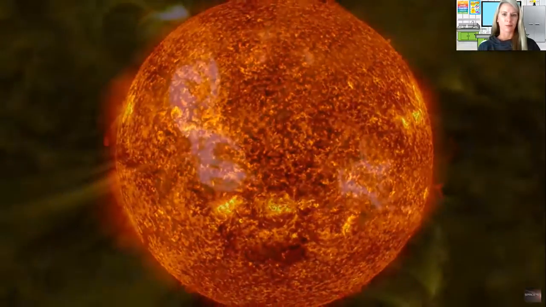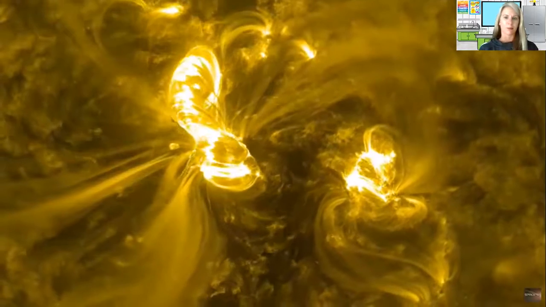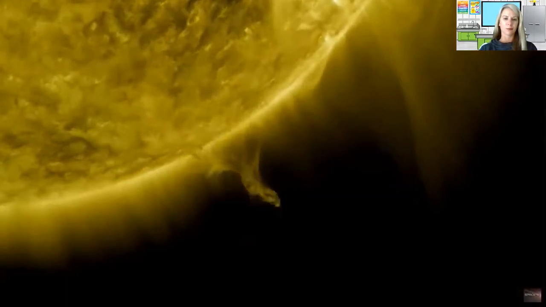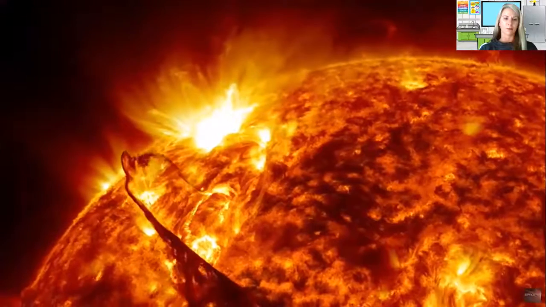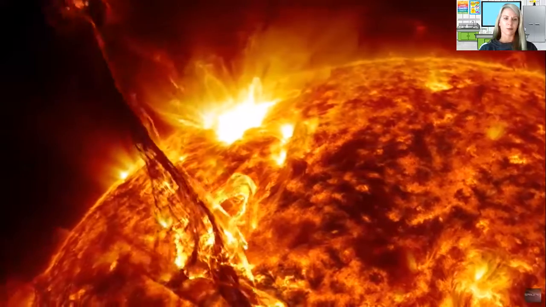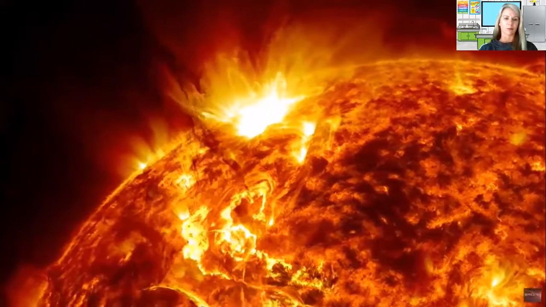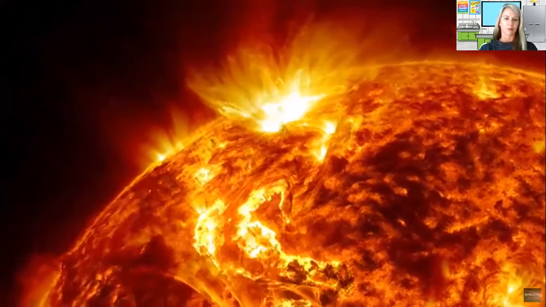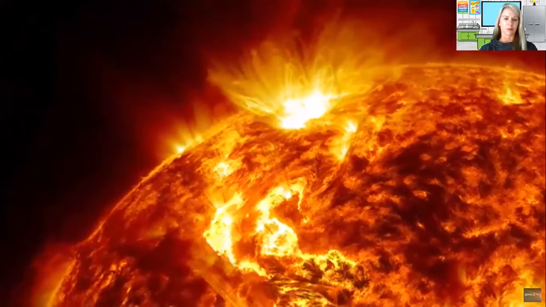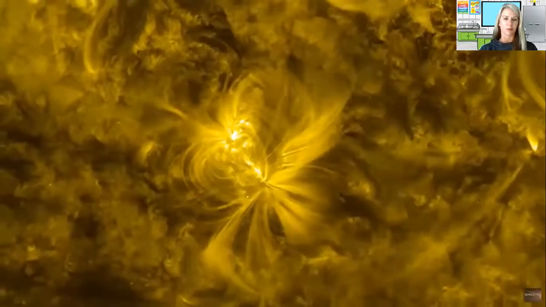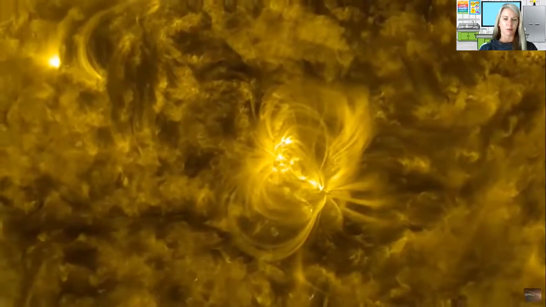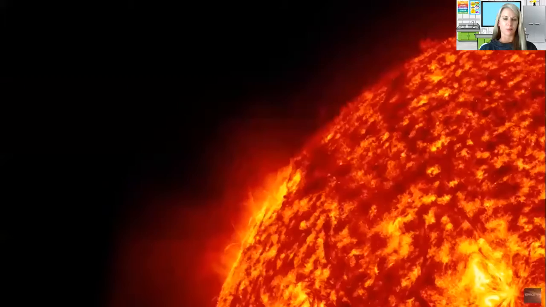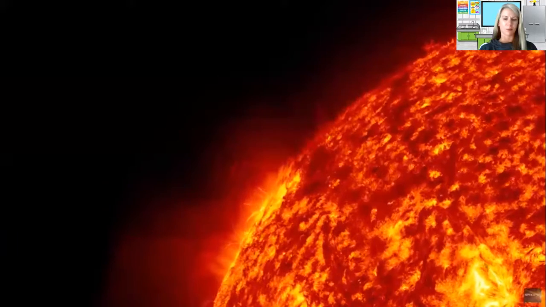Loops of plasma rise up so large they would dwarf Earth. Explosions flash on its surface.